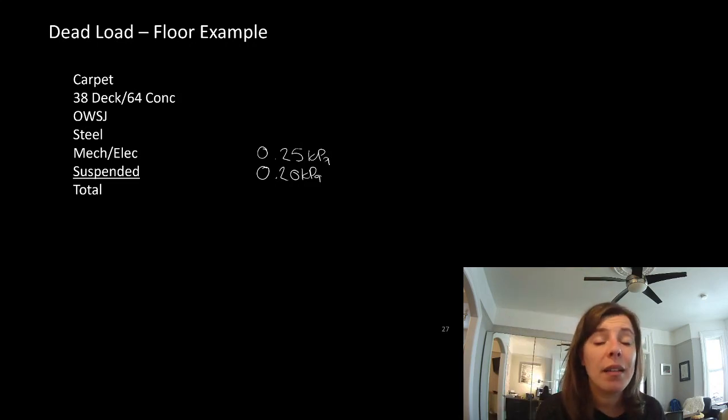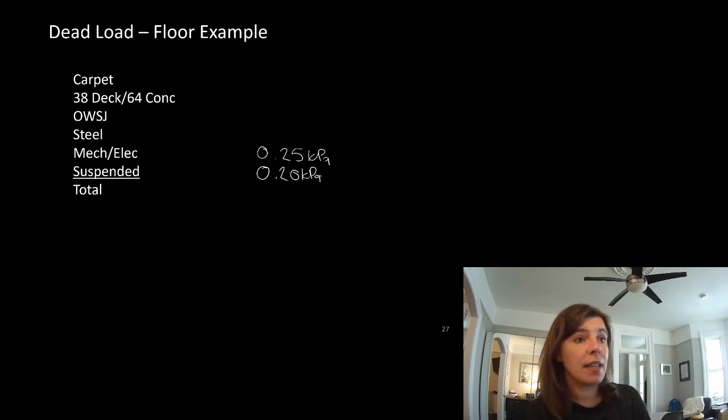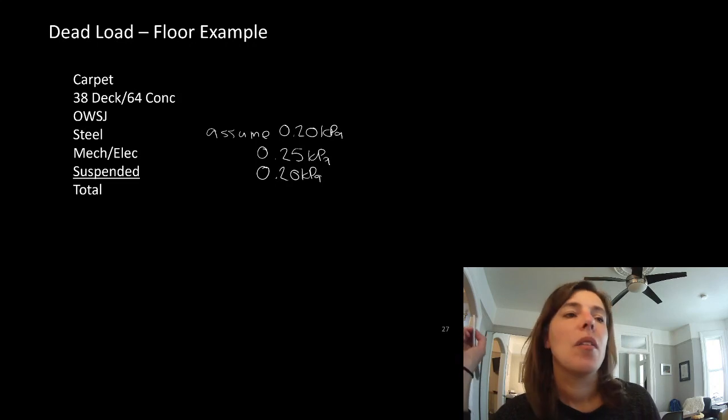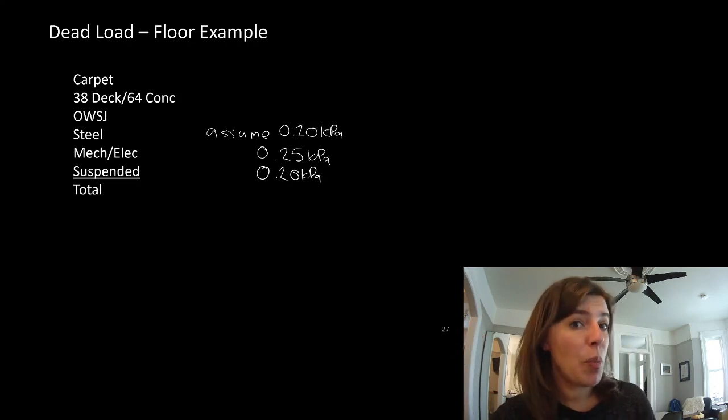So we know mechanical and electrical, we assume 0.25 kPa, and that a suspended ceiling is often 0.2 kPa. For our steel, we're going to assume 0.2 kPa.